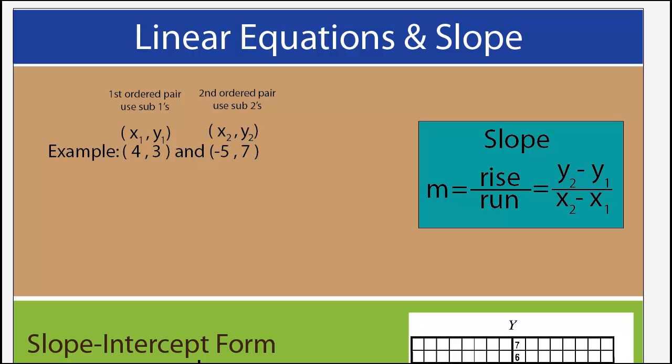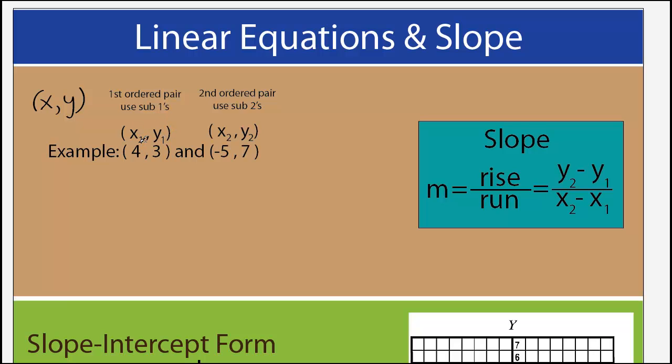We're going to start out talking about ordered pairs. All ordered pairs come as x, y. If we have multiple ordered pairs, we need to use subnumbers. So we have this x sub 1, y sub 1, in reference to this first ordered pair here.